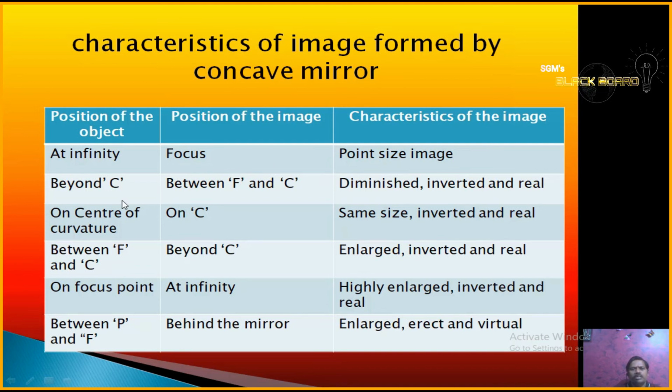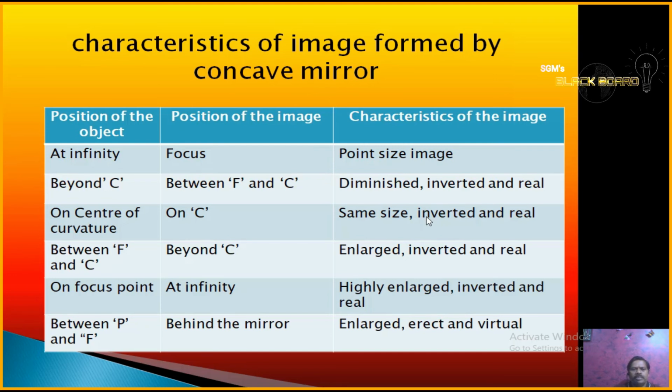When the object is beyond the center of curvature, we get the image between focus and center of curvature, it is diminished, inverted and real. When the object is on the center of curvature, we get the image also on the center of curvature, the same size, inverted and real.